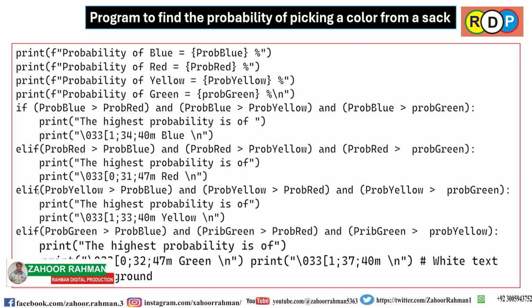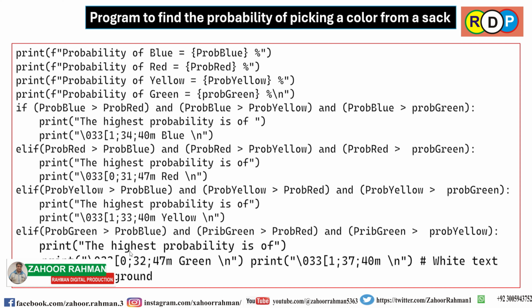If this is also false, then we will consider whether yellow is greater than blue, greater than red, and greater than green. If it is true, the highest probability is of yellow, with the yellow color. This is the ANSI code. Finally, it will check whether the probability of green is greater than the probability of blue, and the probability of green is greater than red and yellow.